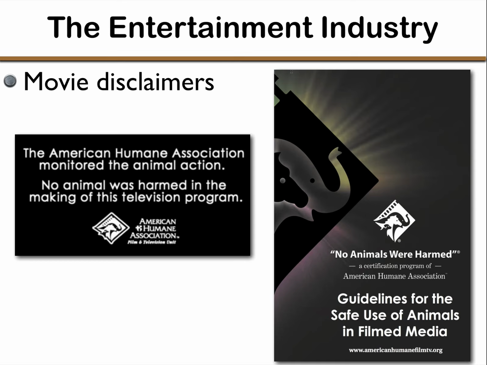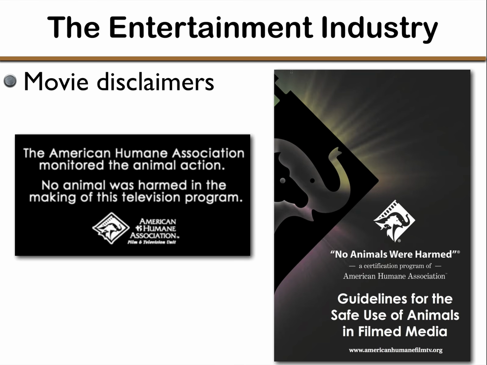And wherever you see that disclaimer in the credits, which nowadays is just about all the time whenever even an insect of some sort appears in a movie, or at least so it seems, the guidelines are incredibly strict in order for them to be able to make that statement in the end credits.